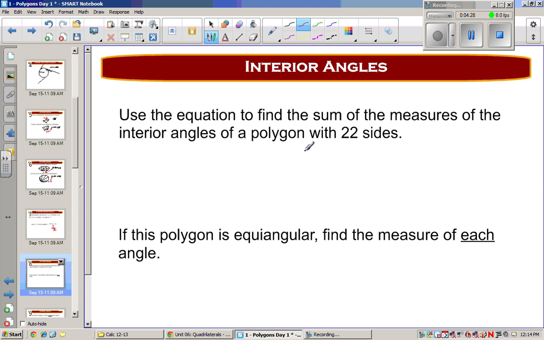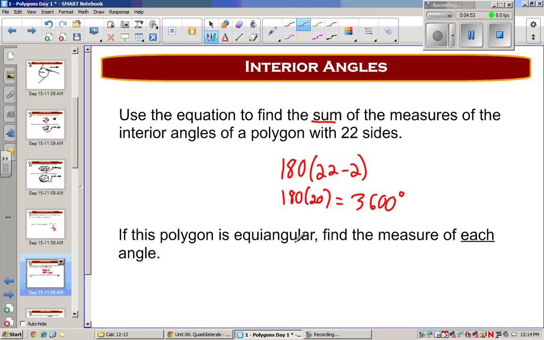If something has 22 sides, I'll know that it has 2 less than this triangles. And then I multiply that times 180. So 180 times 20. So I'll just go to my calculator, do 180 times 20, and I'll have 3,600 degrees is the sum of all the angles in a polygon with 22 sides.